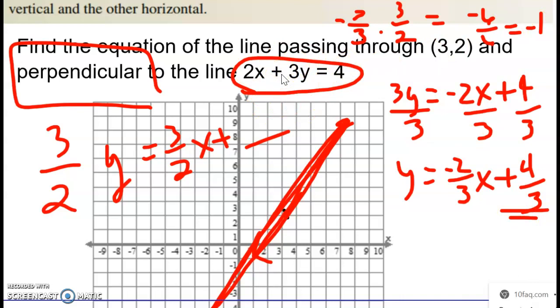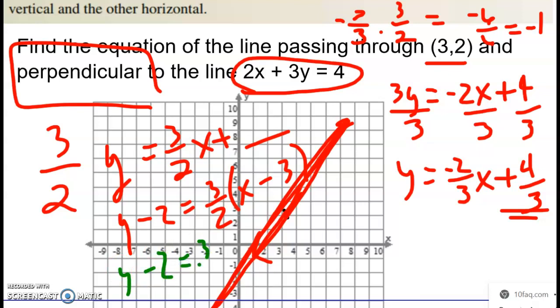Okay, so what I do then, I have y minus the y coordinate of 2 equals slope, which is 3/2, times x minus the x coordinate of 3. I'm going to use that point slope form again. Okay, so I have y minus 2 equals 3/2 x minus 9/2. I'm just taking 3/2 and distributing it through.